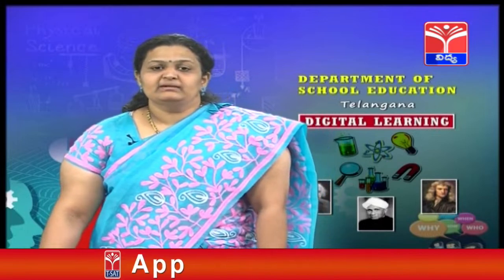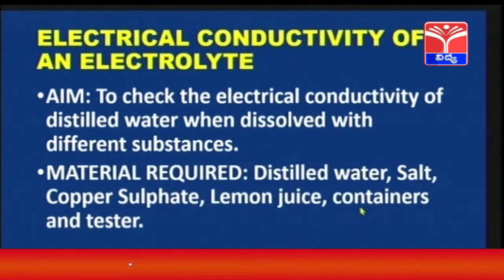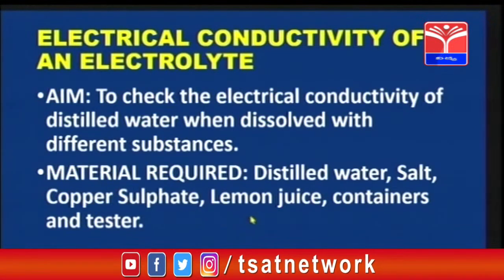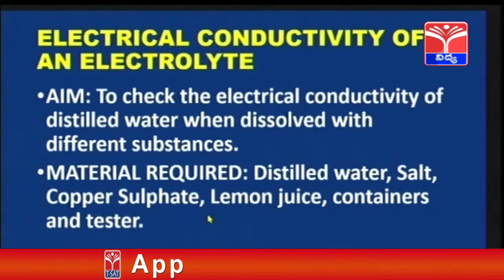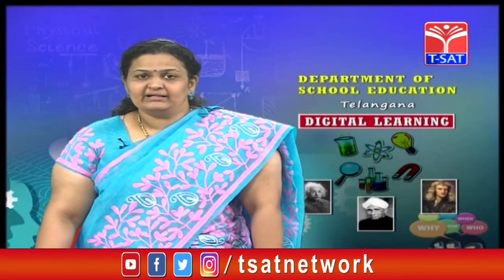To check the electrical conductivity of distilled water when dissolved with different substances, we use for this activity distilled water, salt, copper sulfate, lemon juice, some containers and a tester. Tester is to check the passing of electricity. It is nothing but a small bulb and we'll check if the bulb glows or not. So let us see the activity, children.